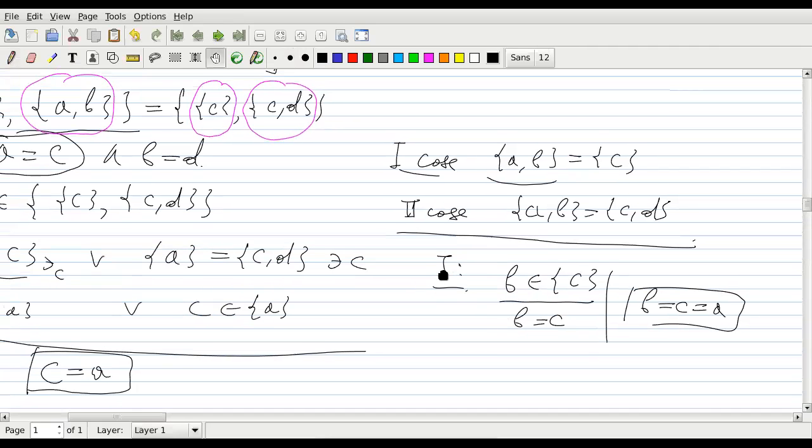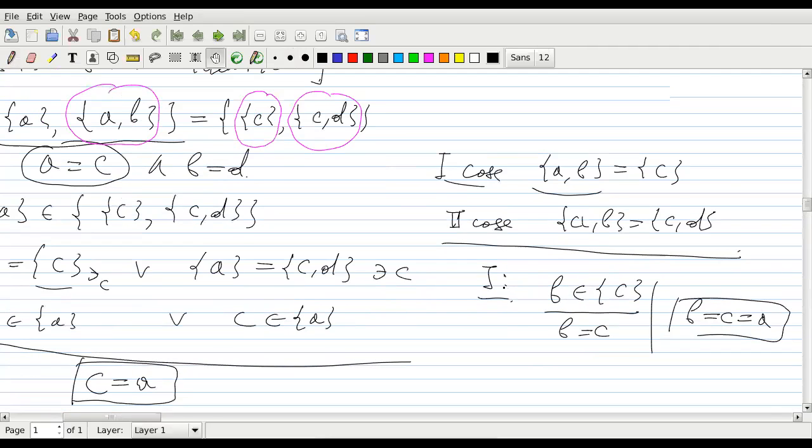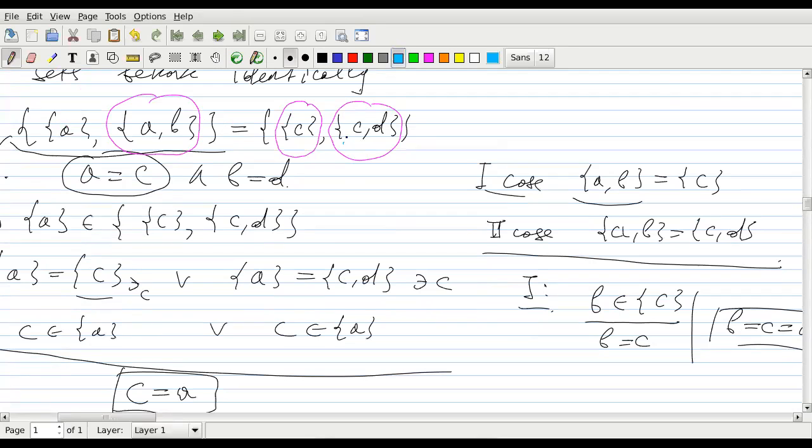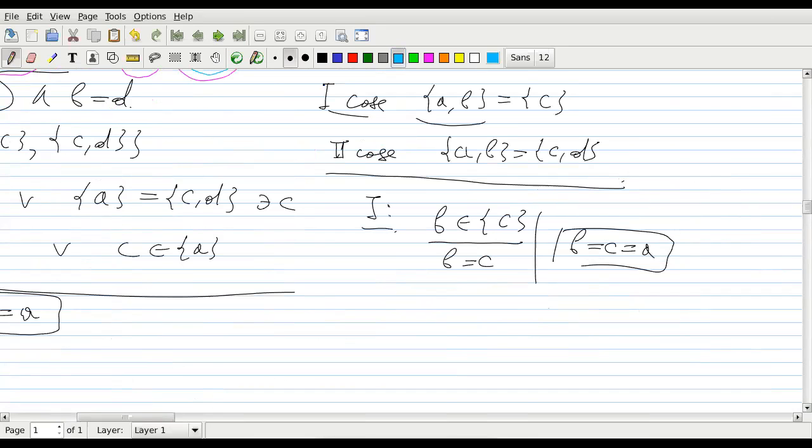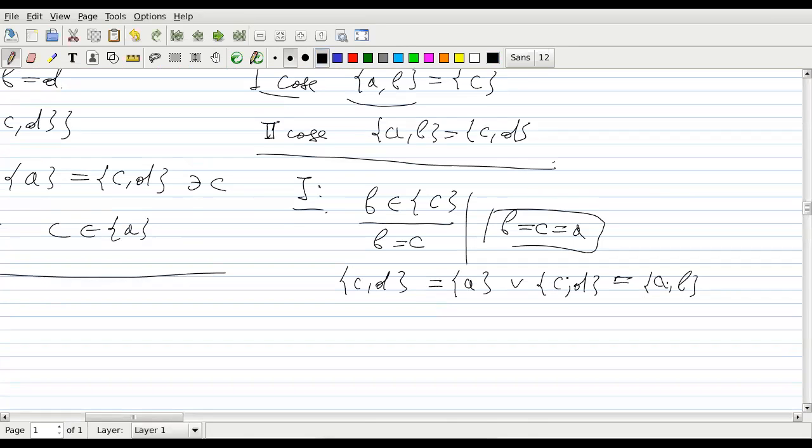We know that C and A are the same. And what about D? If I consider this set, I know that it is either the singleton of A or this set. So C, D, this unordered pair is either this set or this one, A, B. So what can one say about D?